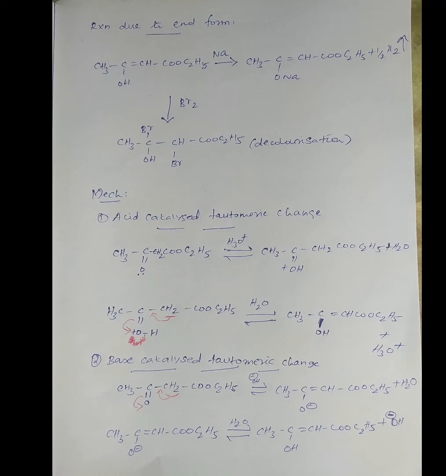So you get C double bond OH plus, and water. This further reacts with water. So what is the reaction? Proton shift. The proton from the CH2 carbon makes a carbon double bond, and the carbon oxygen bond is shifted towards the oxygen atom.